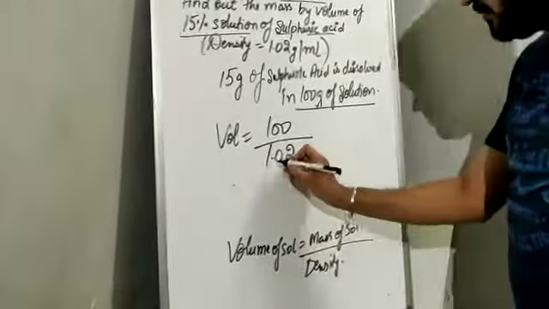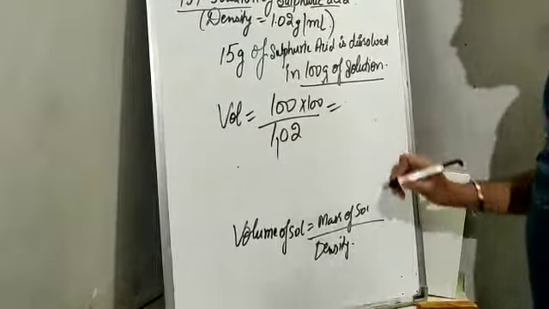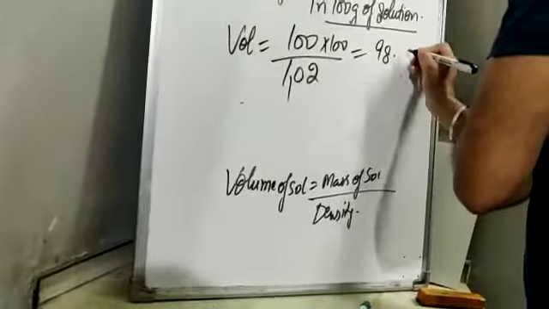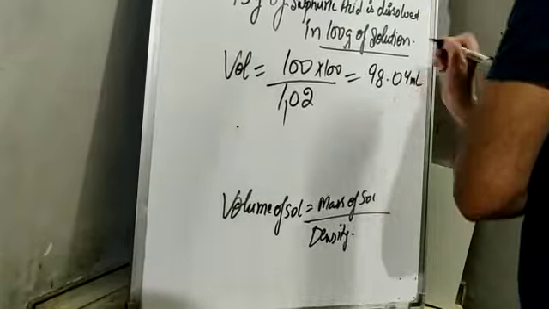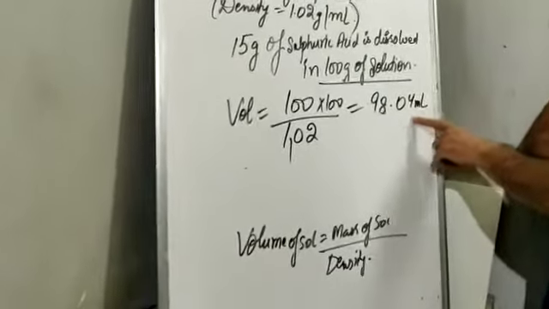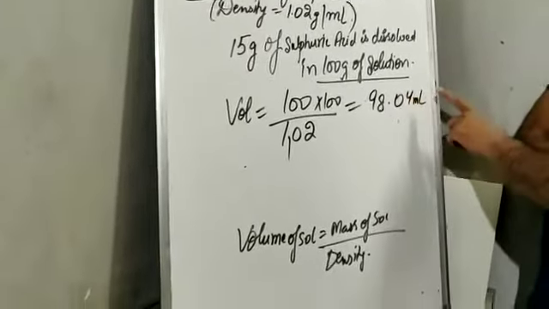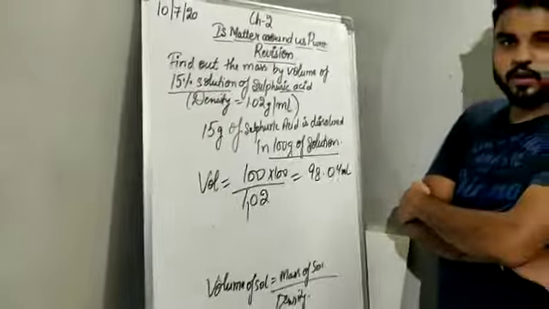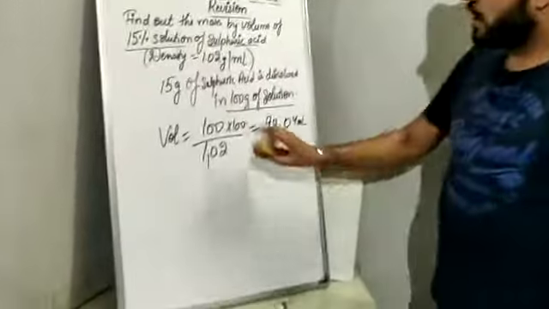This decimal can be removed. So when you calculate it, the value comes out to be 98.04 milliliter.